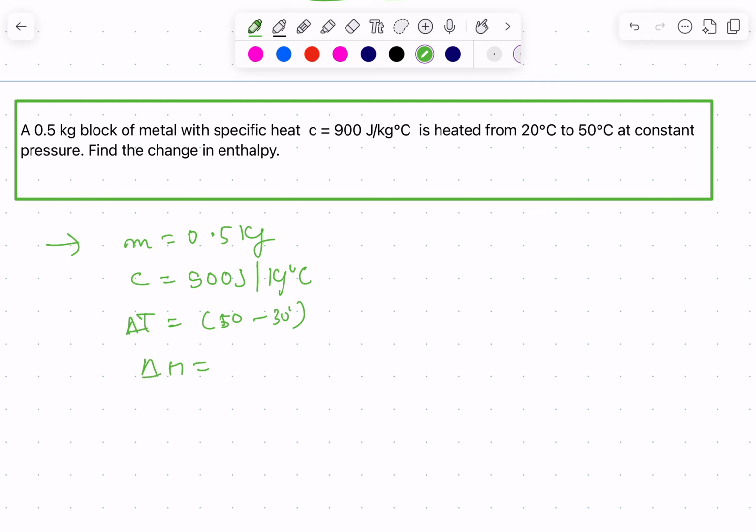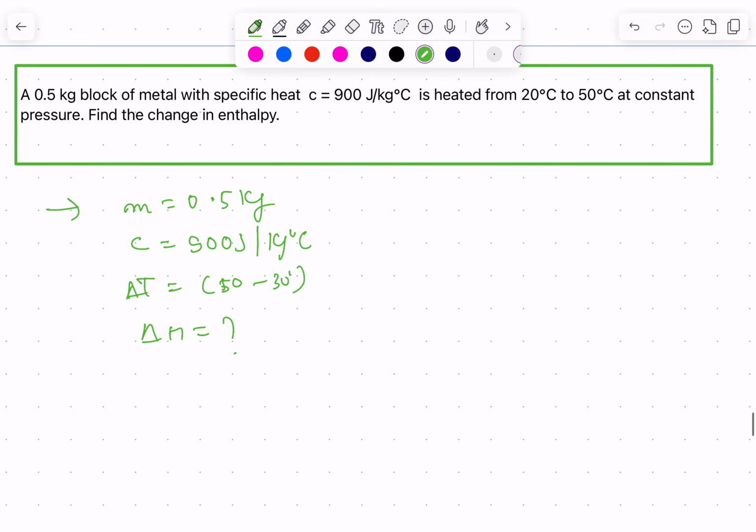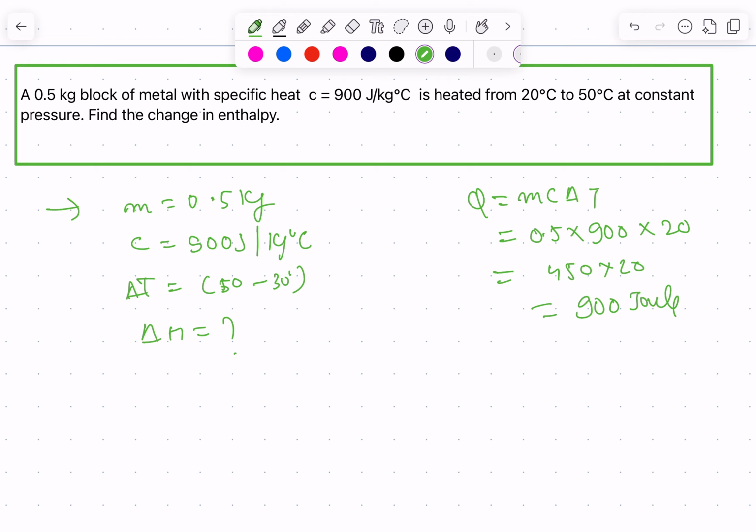What is the change in enthalpy? Q is equal to m c delta T. Mass is 0.5, 900 into 10, that will be 450 into 20, which will be 900 joule. And Q is your enthalpy, so delta H is equal to 900 joule.